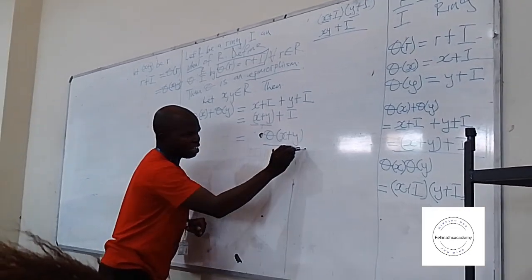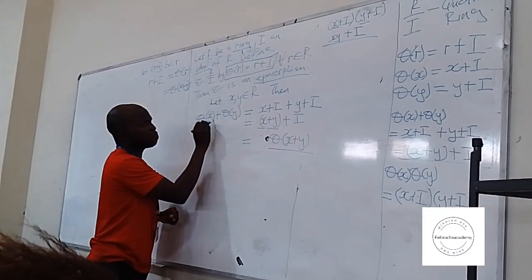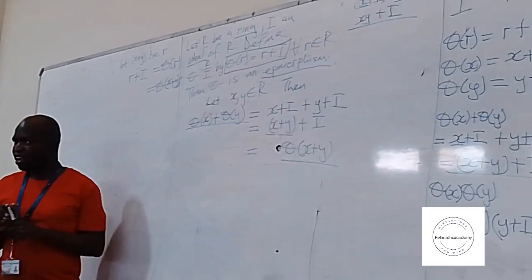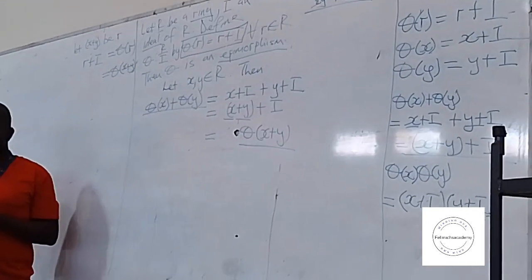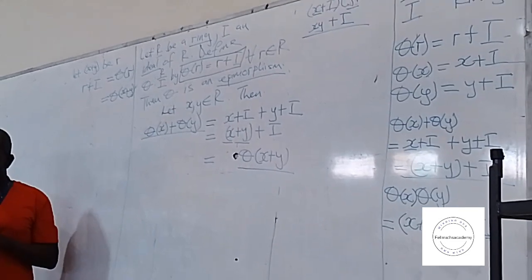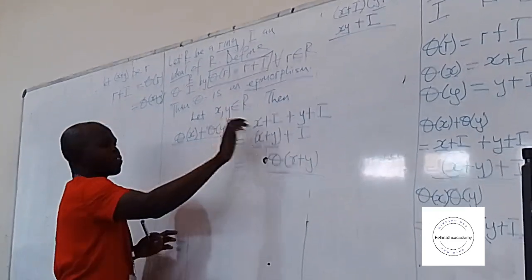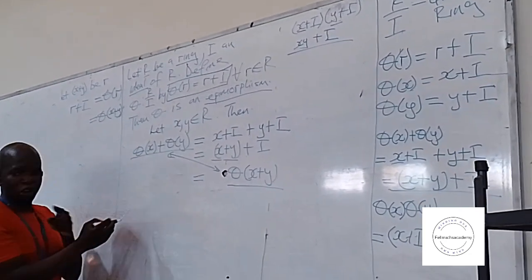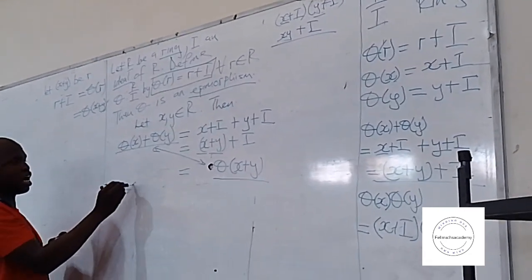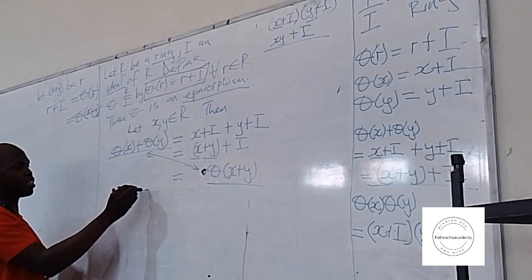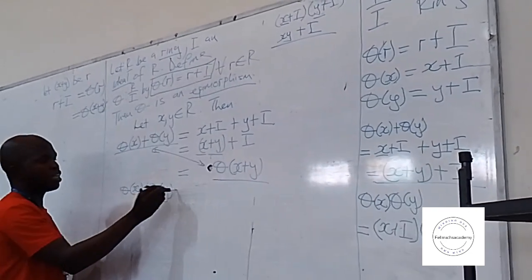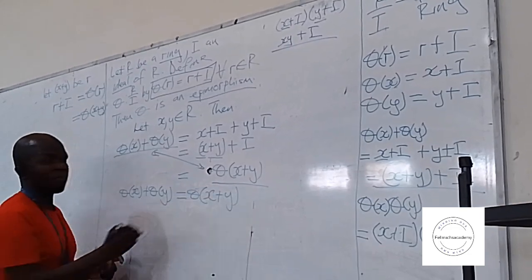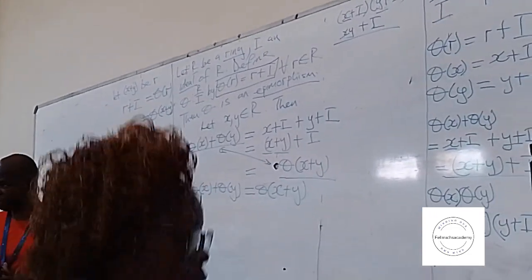When an expression results in the expression, this is the homomorphism result. So we can write theta x plus theta y is equal to theta of x plus y, which is a homomorphism.